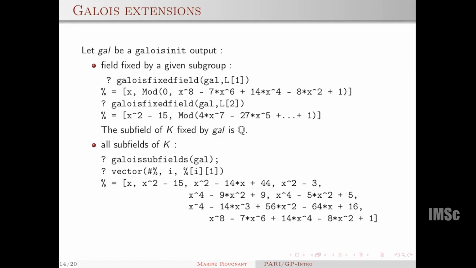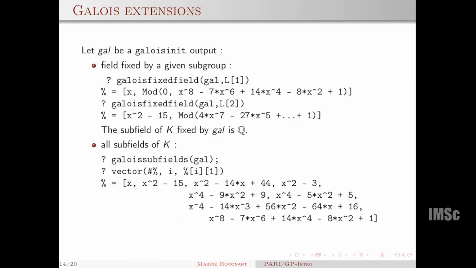So here I can compute every field one by one. And if I want all the subfields, I can ask for the Galois subfields of my Galois group. The first component of the output is the polynomials that generate them.